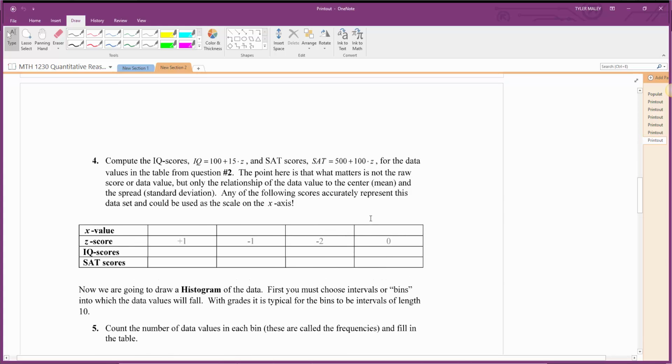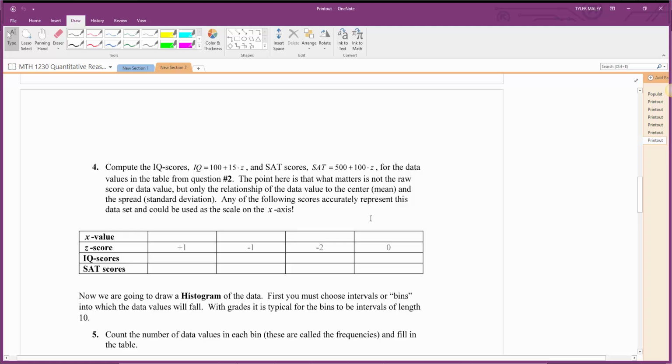So for +1, my x value was 89.7, so 89.7 would go here. I'm just pulling that off of page 33, the first page of this that we were given from question 2. For -1, the x value was 61.5.